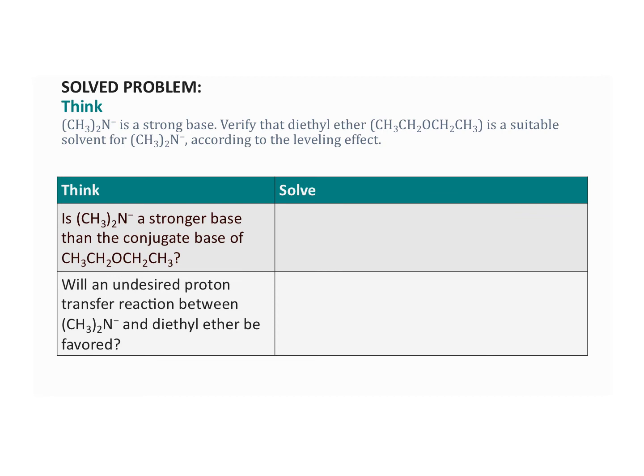So for CH3 minus to be a stronger base than diethyl ether's base, and diethyl ether's base here would be CH3CH2OCH minus CH3. We're going to remove one of the protons.